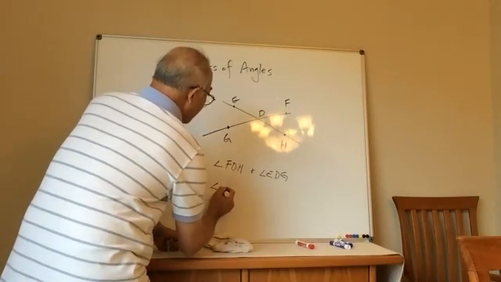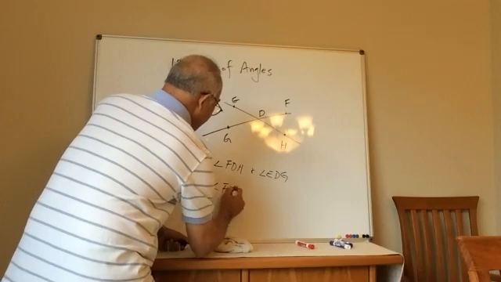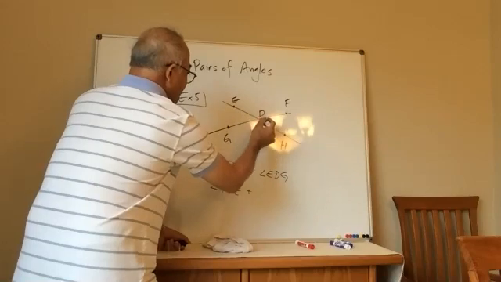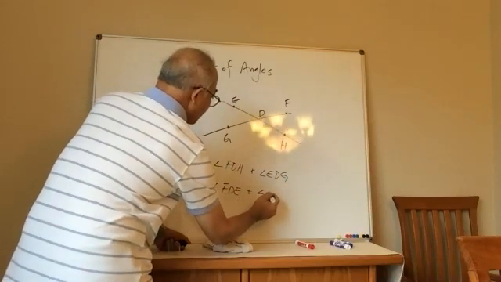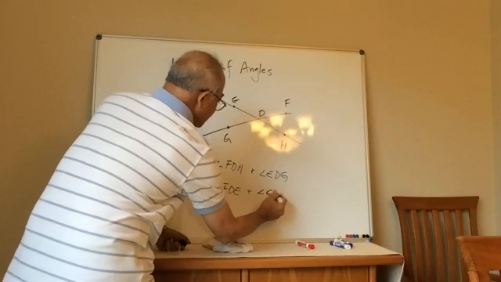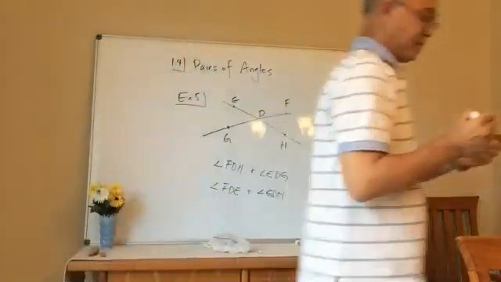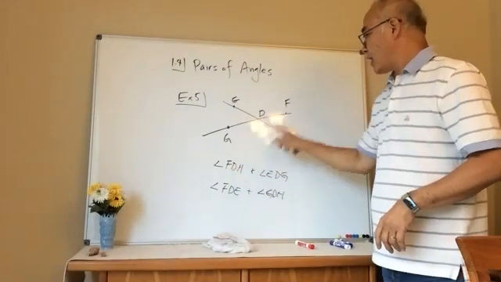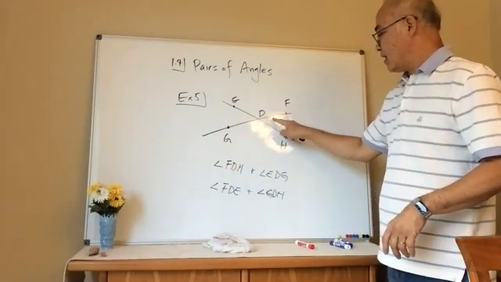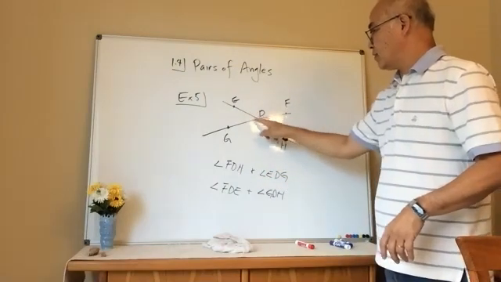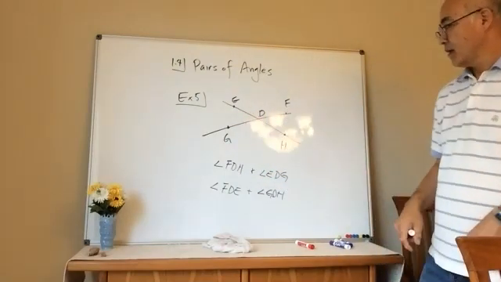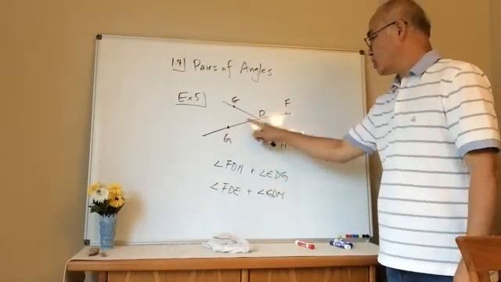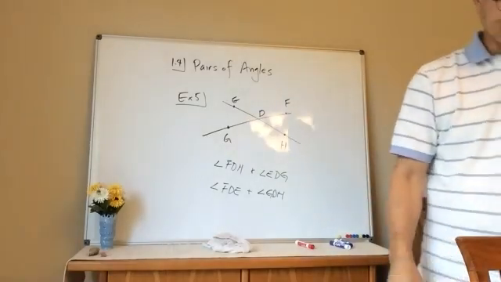FDE and GDH. Everybody see that? Good job, Reeve. So we have FDH, this angle, and EDG, this angle here. And for the other pair, we have FDE and GDH. All right, good job.